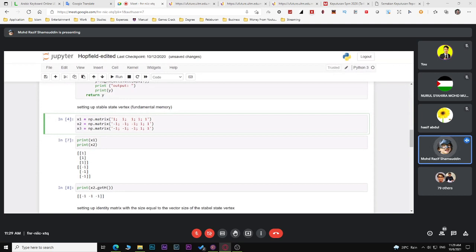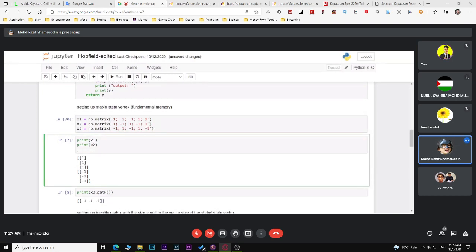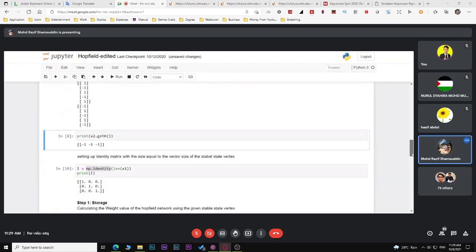Alternate dia adalah positif, negatif. Ini positif, ini positif, ini negatif. Ini negatif, ini negatif. Right, so these are the stable state that we need to memorize. Okay, ada 3. Okay.